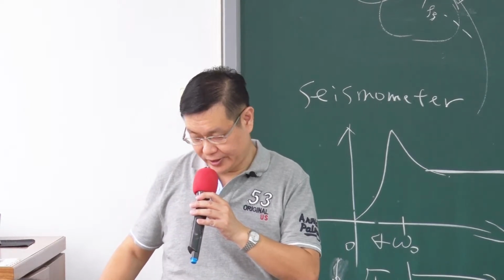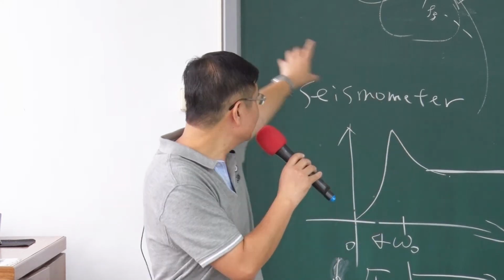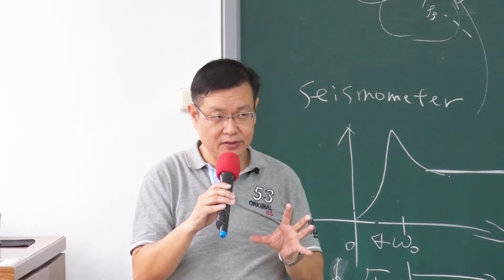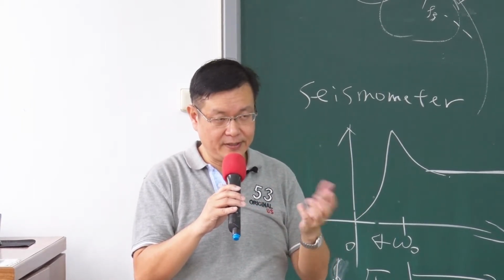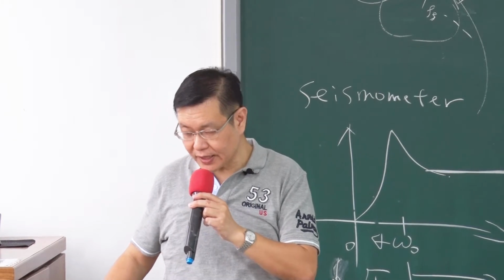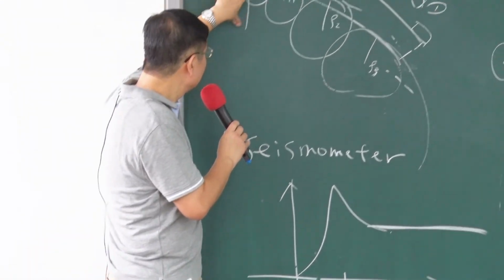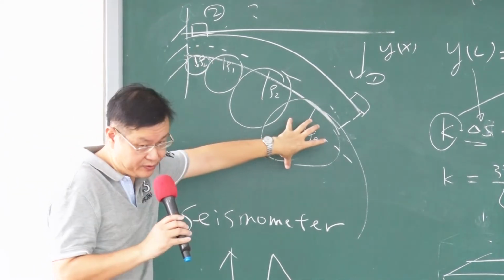Then we will consider strain. Now we have the curvature. The maximum curvature occurs at the end, the base, of the beam. Now we want to transfer the curvature into the strain on the beam. When we have a curvature like this, we have a large curvature here and a smaller curvature here.